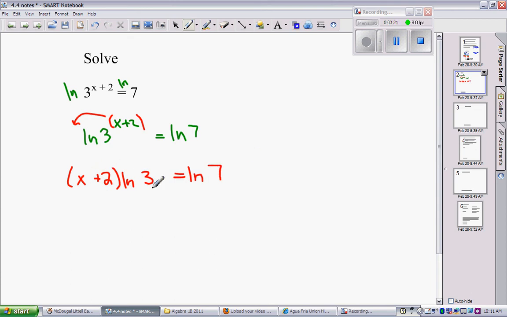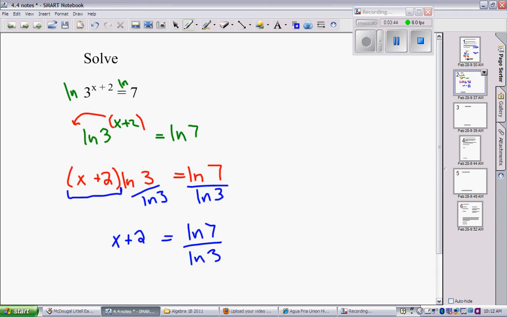So x is in the parentheses, so we have to get this alone. So we divide by ln of 3 on both sides. So then we have x plus 2 equals ln of 7 over ln of 3. And we still have to get that 2 to the other side, so you subtract it.